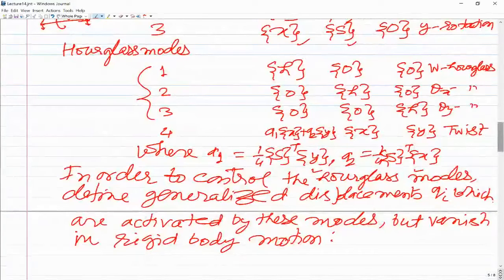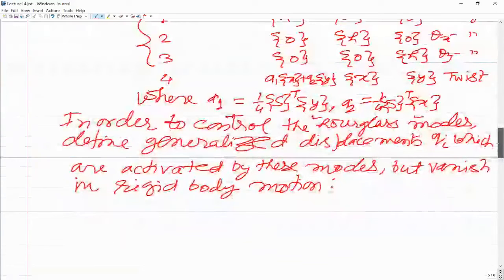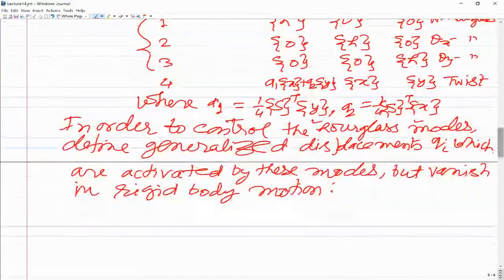If you calculate the strain energy corresponding to these deformations, you will find that it is going to be zero for the element. There is no strain energy corresponding to all the hourglass modes. Their net strain energy is actually zero.